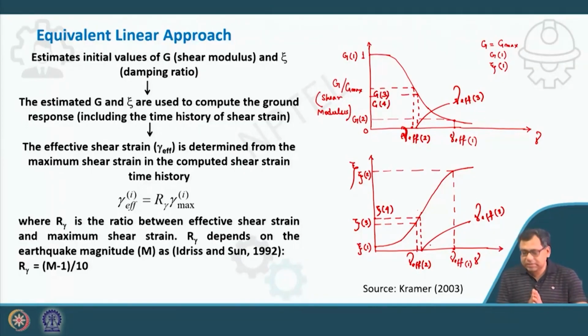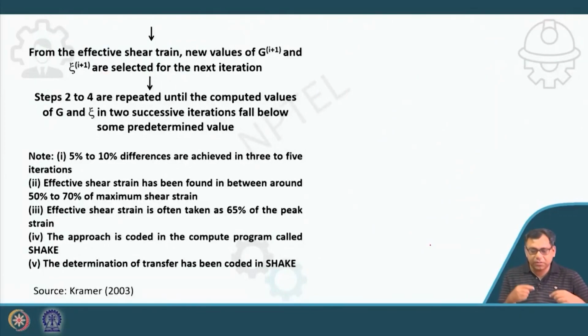Okay. And unless the difference between the effective strain computed from 2 successive iterations falls below a predetermined, very small value, you continue; then you stop, and that will be your shear modulus and the damping ratio for that particular strain, and this way you can complete the ground response analysis.